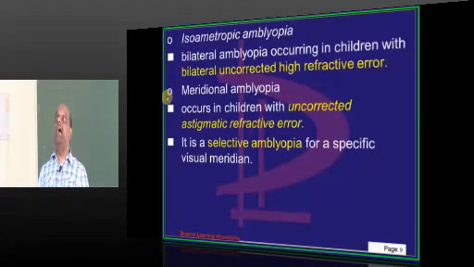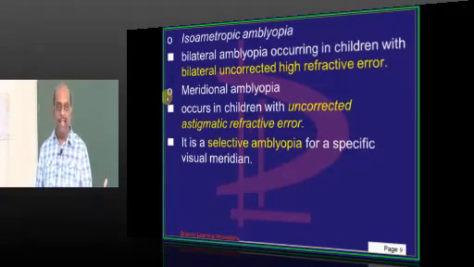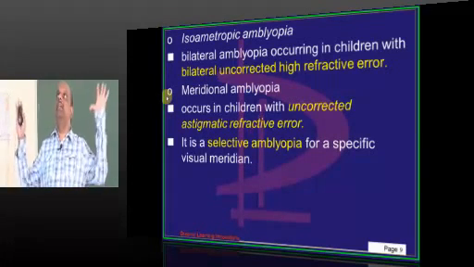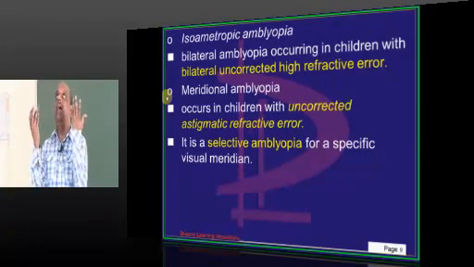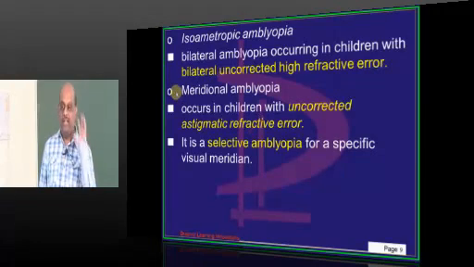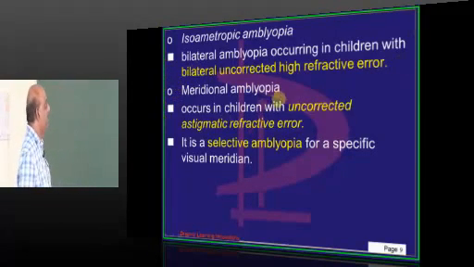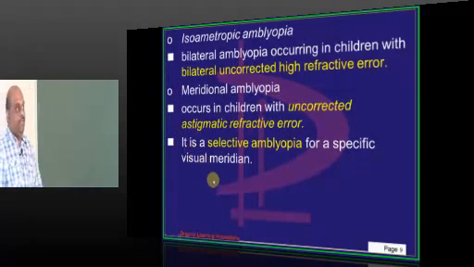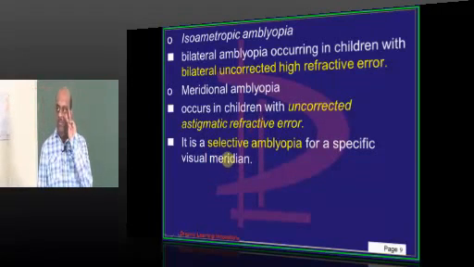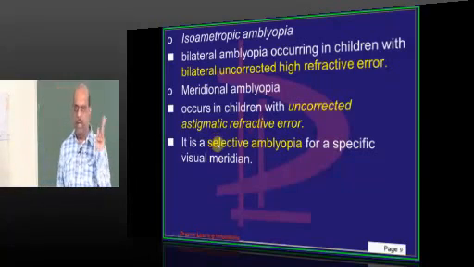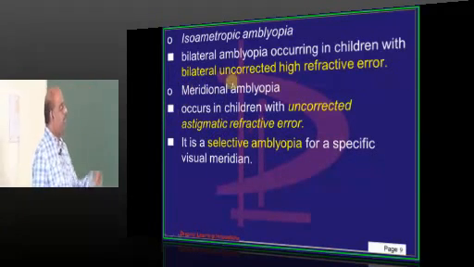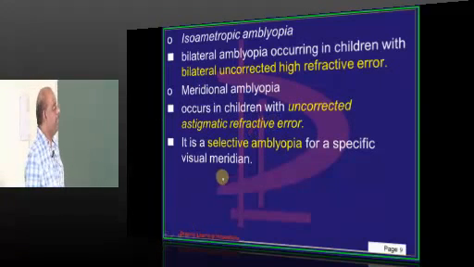So when both the eyes are highly hypermetropic, the images falling are so big that I can't see the movie. I love to listen to the voice and enjoy the dialogues rather than the movie. Then if there is any astigmatic refractive error in one of the eyes, let us say one eye had corneal irregularities leading to astigmatism, the other doesn't have, then that can lead to development of a meridional amblyopia.